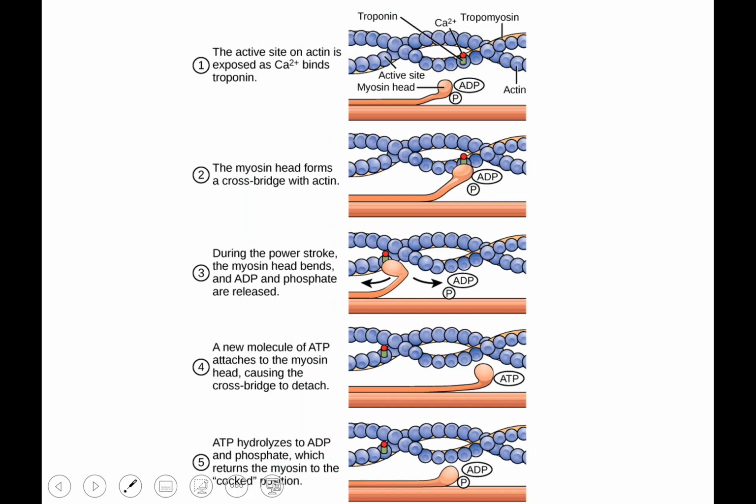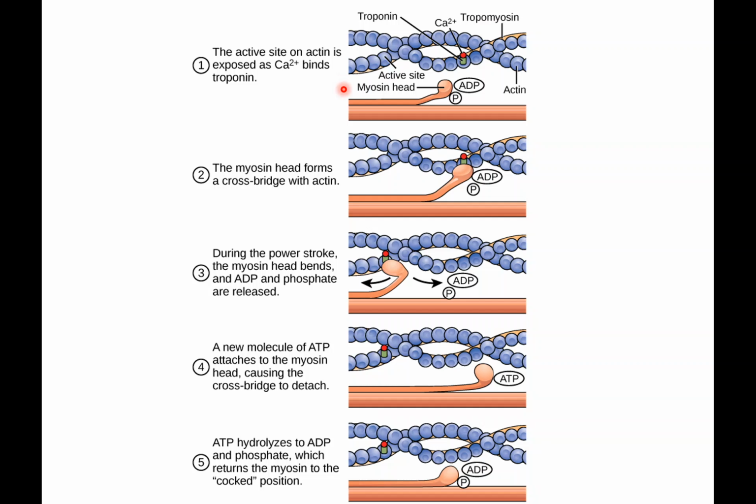This depiction is just another one I found off the internet that I thought was pretty good. It gives a little bit more description than the one in our book because it talks about why calcium's important here, and these other proteins called troponin and tropomyosin.